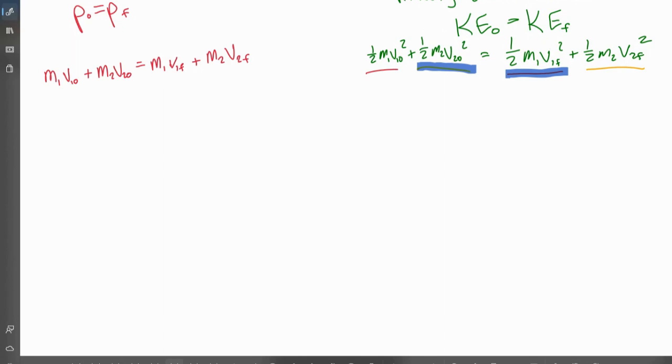Okay. All right, so if we were to take this relationship, we can multiply the entire thing by 2. That's going to help us get rid of some of those pesky little 1/2s that just make math a little bit harder.